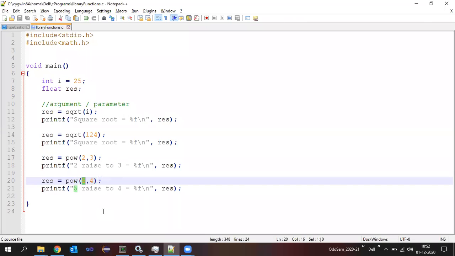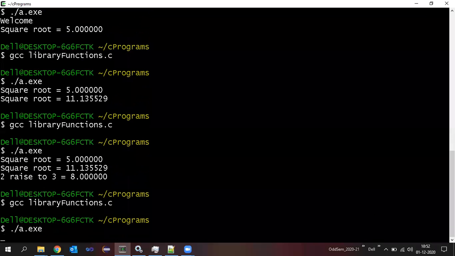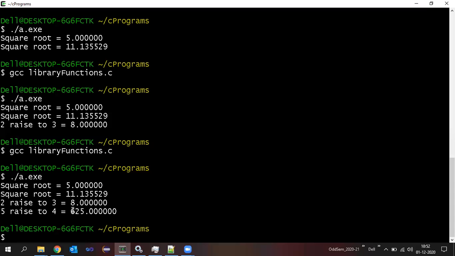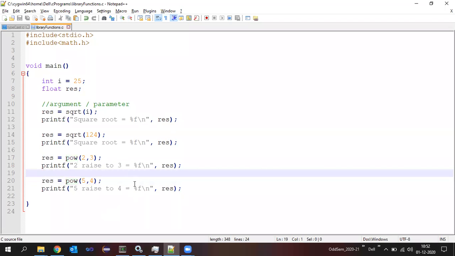The first argument is 5, that means it is the base. The second argument, or second number, is 4, that means the exponent. 5 raised to 4 will be calculated by this POW function, and the result we get to see in the printf over here, 625. Are you following these mathematical functions, students?